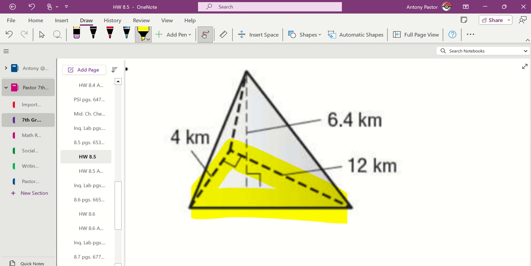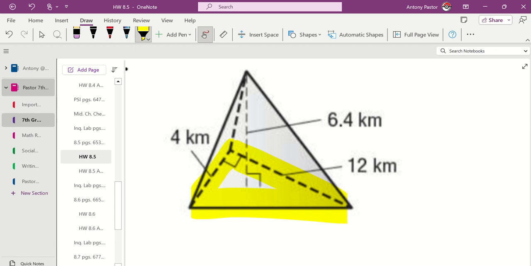So, Dominic, how do you know it's the 4 and 12? Cool, but how do I know that one of those is the height? How do you know? There's an explanation there. Help him out. That's what gives away the height.